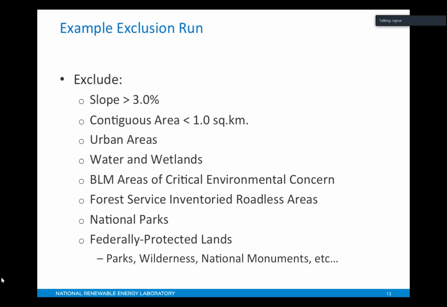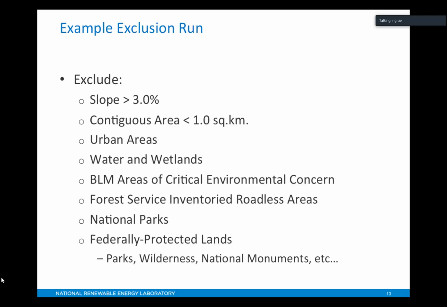This is an example of a tech potential run we did in 2012, and we actually did a report on it. These are all things that were part of a publication. We were considering excluding areas with slope greater than 3%. Contiguous area is something you have to consider after all of the other exclusions have been removed.